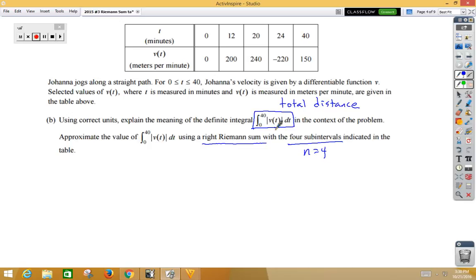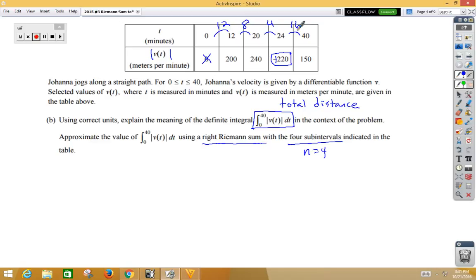Well, since we have absolute values for v of t, we're going to need to make this 220 positive. A right-Riemann sum means we will not use the first value. We will need to figure out what we're skipping by. So 12, 8, 4, and 16.